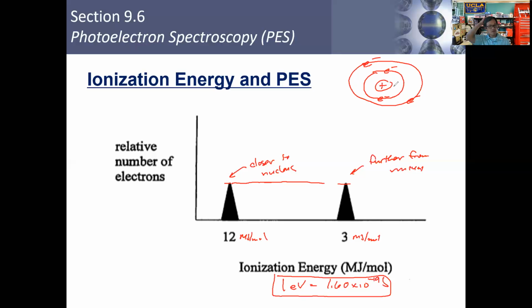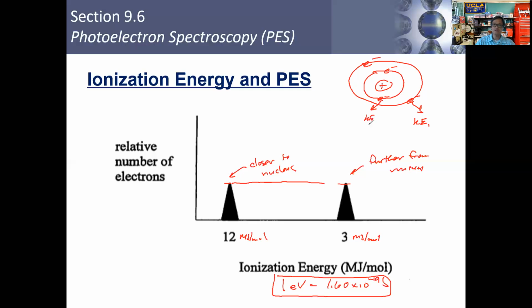Make sure you keep that in mind, and that's what we will do moving forward. Interpreting these diagrams is very simple, I think. Understanding what they mean is going to be a little more difficult, and that's why we went over it. You can imagine then that these will leave with a higher kinetic energy. These will have a greater kinetic energy than these electrons here.